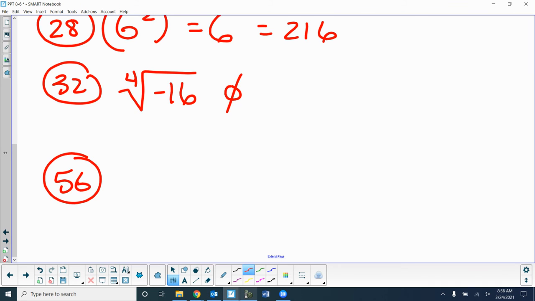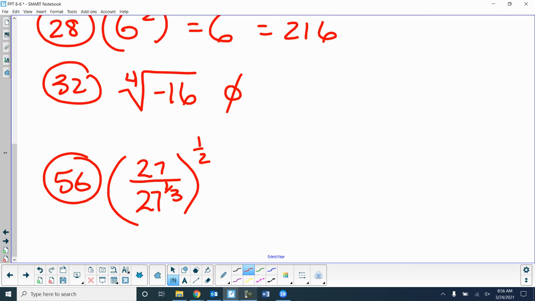So we got a fraction, and then we got fractional exponents. We got 27 over 27 to the 1/3, raised to the 1/2 power. So a couple ways to do this.